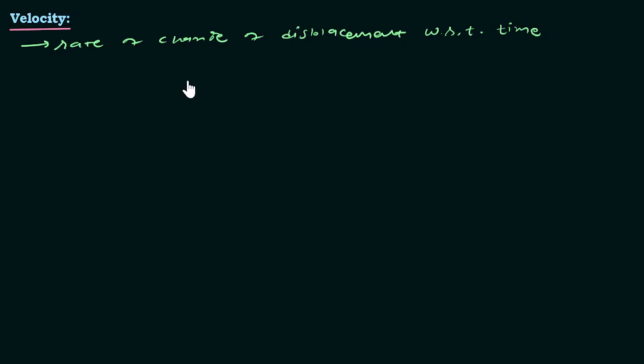So what is velocity? Velocity is basically the rate of change of displacement with respect to time. So I can put velocity v equals dx by dt, where v is the velocity and x is the displacement.